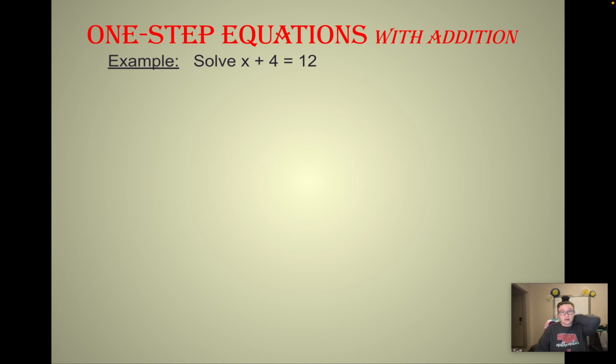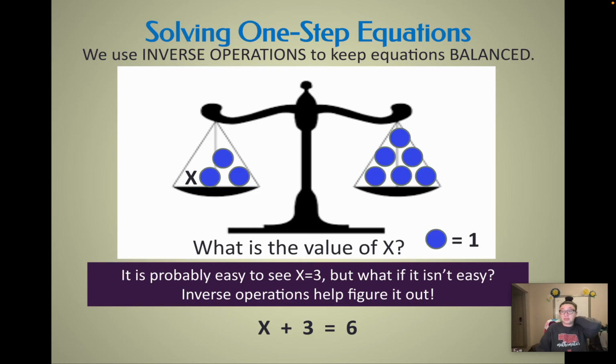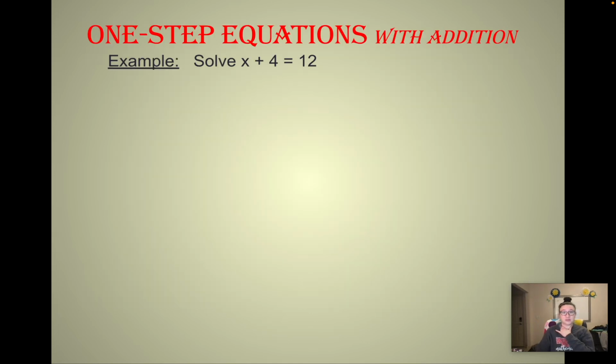So if you have any questions about this last part, please pause the video, ask us, check in with us. And let's go on to solving some equations using those inverse opposite operations.